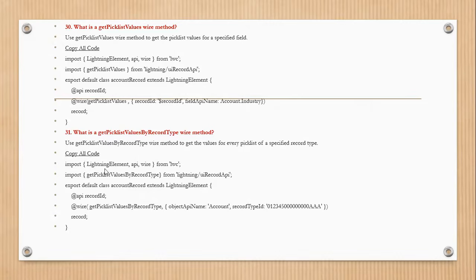Copy all code: import LightningElement, api, wire from lwc, import getPicklistValuesByRecordType from lightning/uiObjectInfoApi. Export default class AccountRecord extends LightningElement, api recordId, wire getPicklistValuesByRecordType, objectApiName Account, recordTypeId is equal to record.